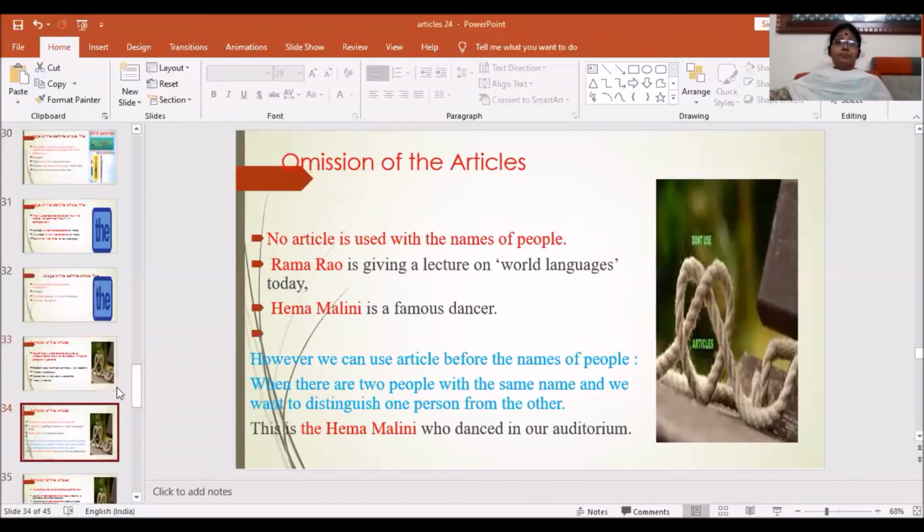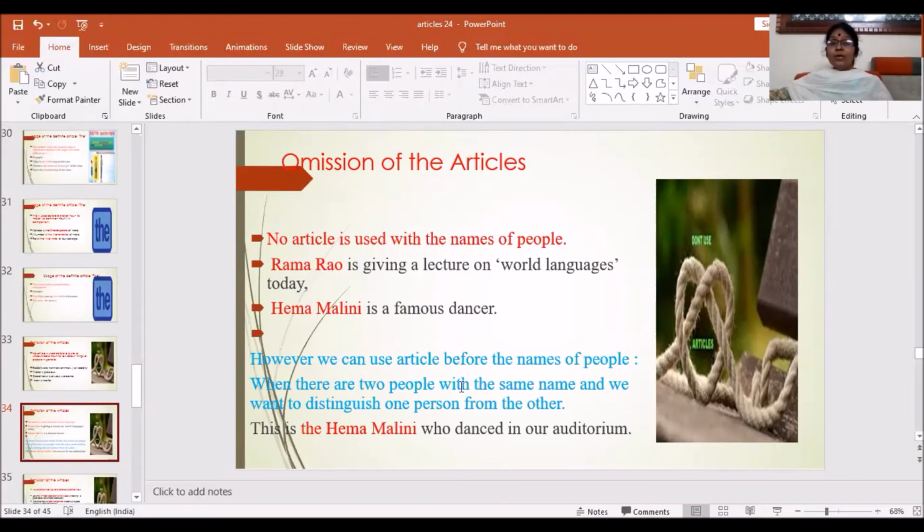Secondly, no article is used with the names of people. That is, before a proper noun, we will not use our article. For example, Rama Rao is giving a lecture on world languages today. Or Hema Malini is a famous dancer. Now, these are proper nouns.